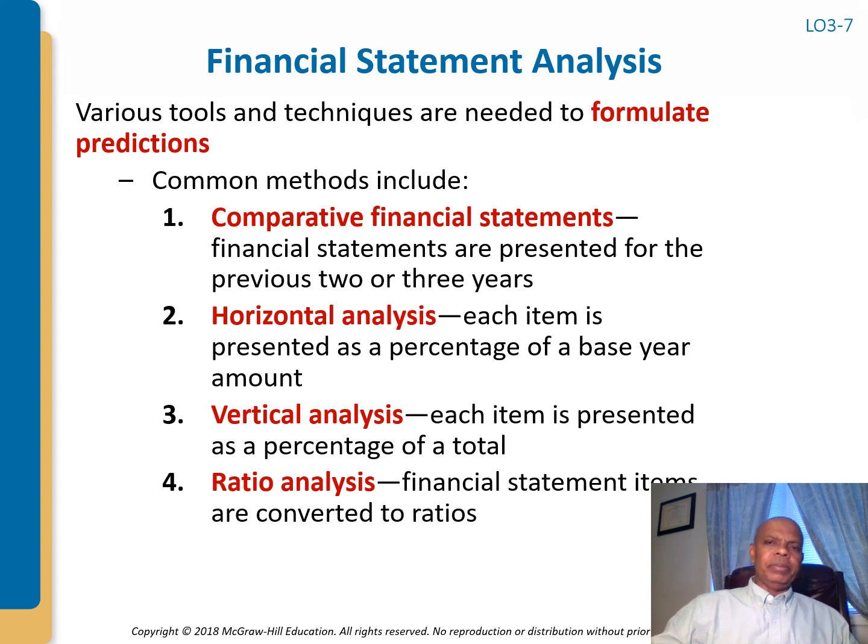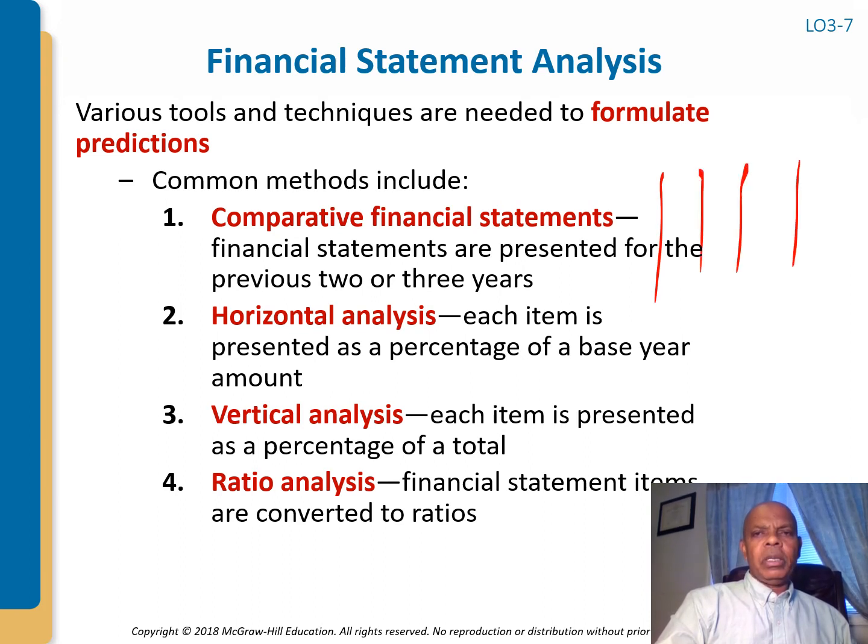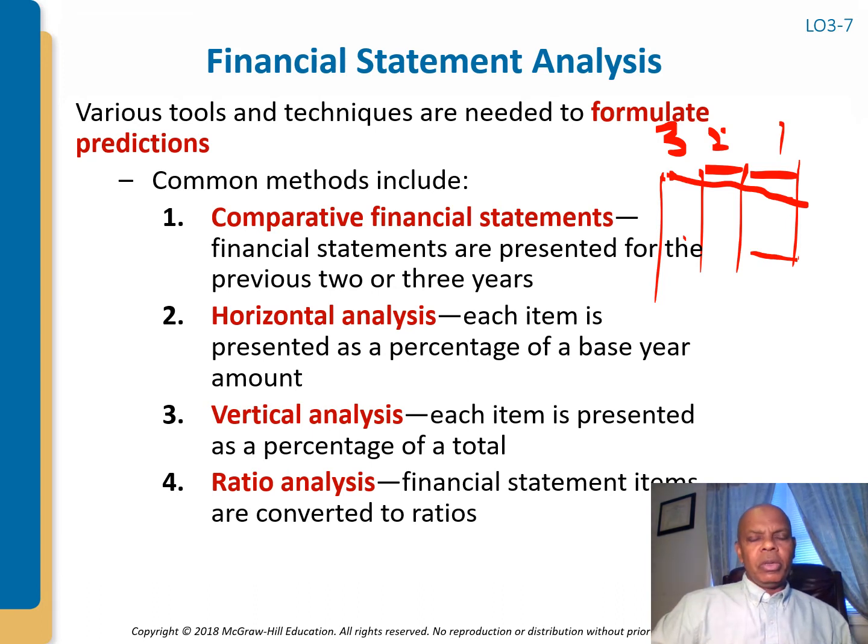You can see in columns, year 1, 2, and now the third year, the growth, the sales going up, the profits going up. That's what you're looking at. And then you assume this trend is going to continue.